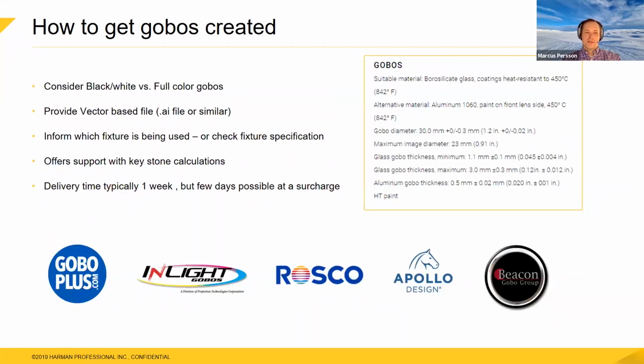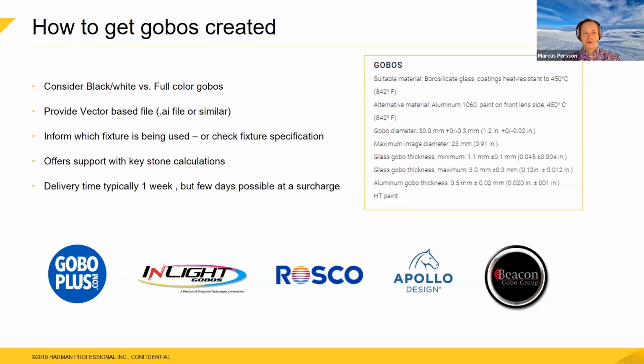A gobo is a small metal or glass plate where you mechanically or chemically engrave the motif. In an aluminium gobo, it's possible to make a black and white image, and in a glass gobo, up to a full color image. I recommend the glass gobo because it makes sharper images, and the aluminium gobo can distort the image slightly because of the heat from the lamp. There are several companies who make custom gobos.